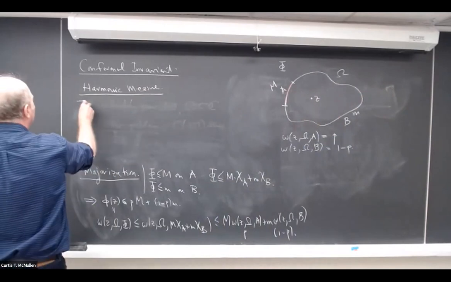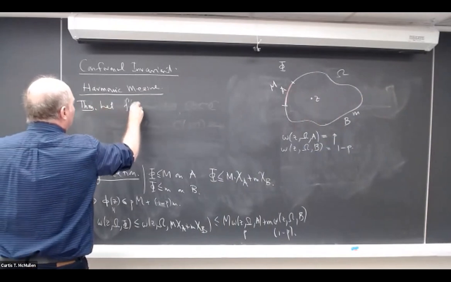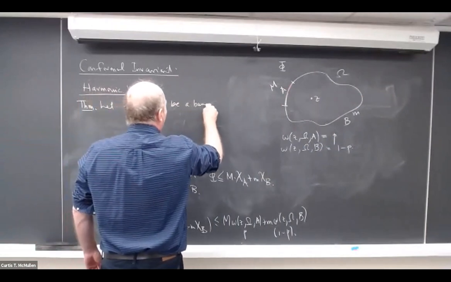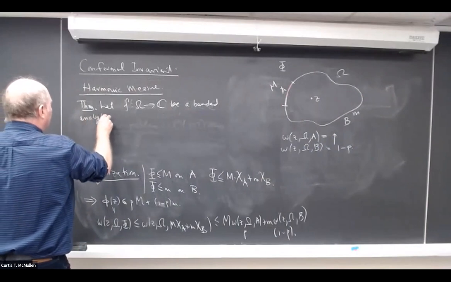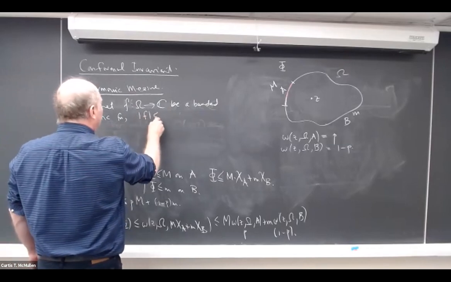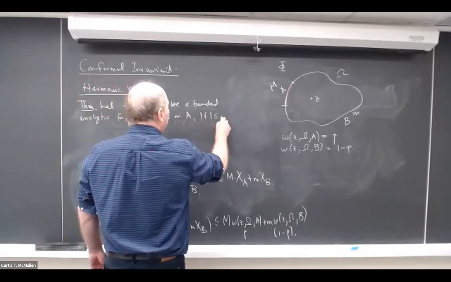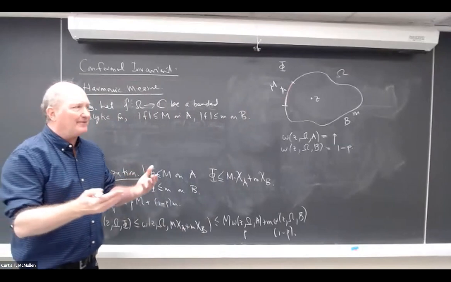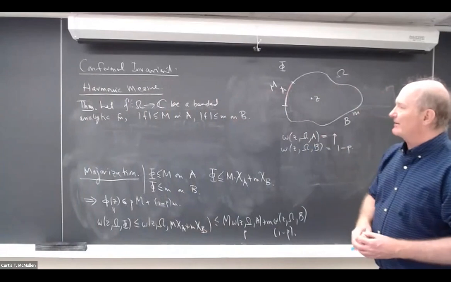So the theorem is: let f on omega be a bounded analytic function with the absolute value of f less than or equal to big M on A, and the absolute value of f less than or equal to little m on B. So I'm implicitly assuming that f has boundary values on this arc and on the complementary arc.